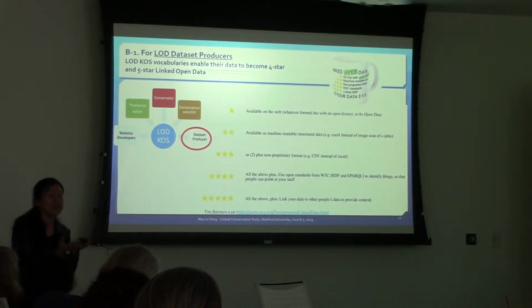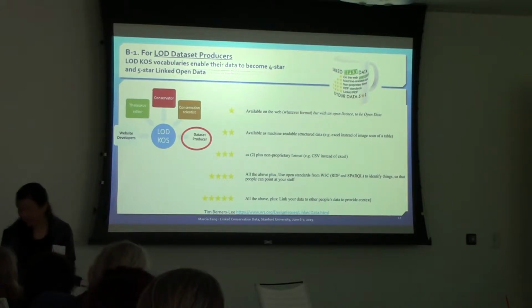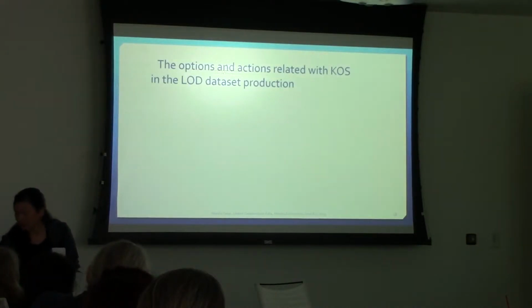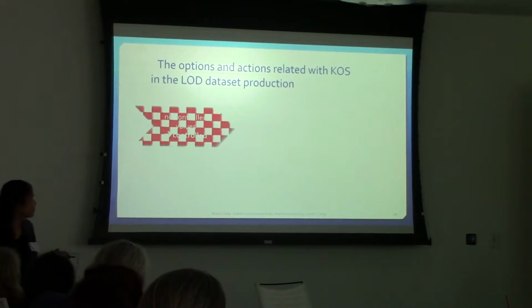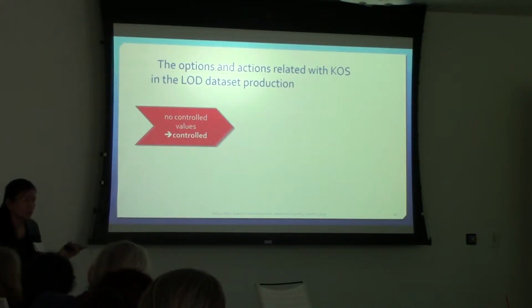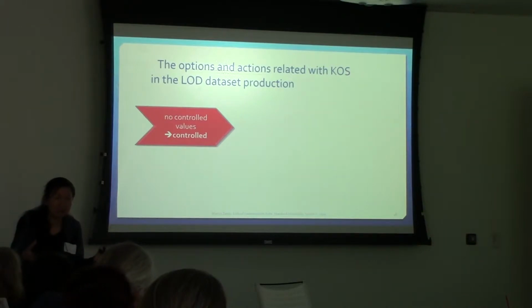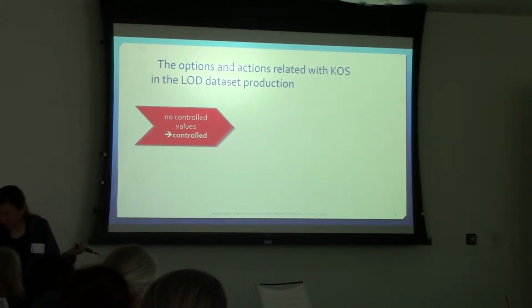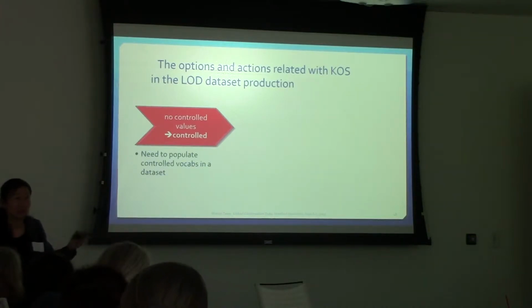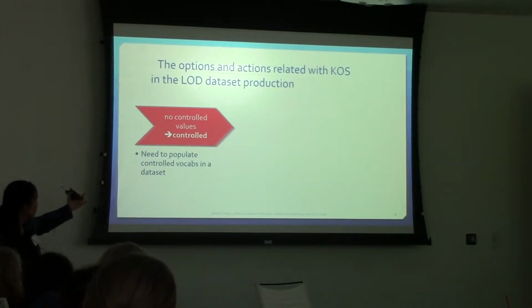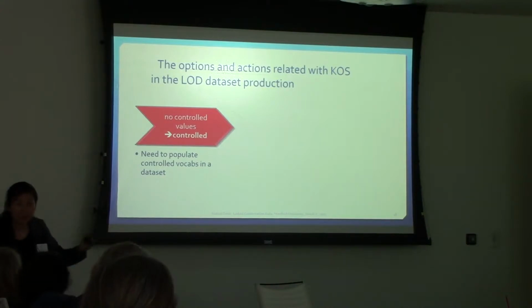You are required to release your data sets in some way other people want to use. That is released as linked open data. Now, how can I do that? The first, no matter what you have, for example, you have a whole archive previously with no control. So what we would do, we populate the controlled vocabulary into the data set.